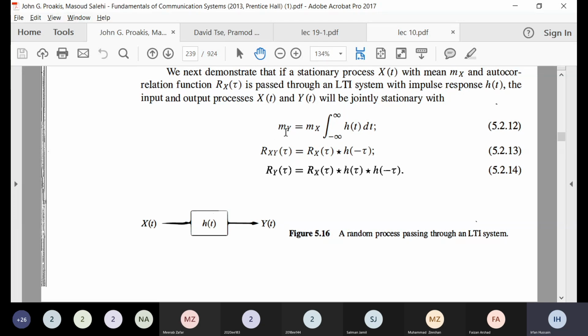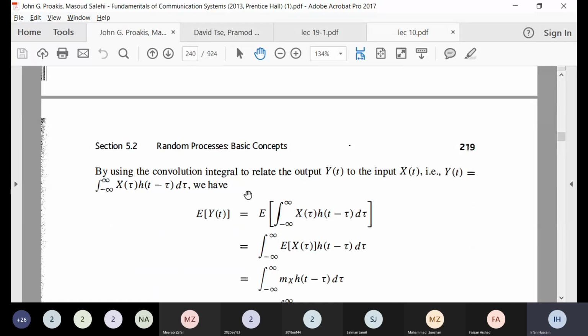The mean of the output will be E of y of t. What is y of t? We know y of t is actually the convolution of the random process with the impulse response, x of tau h of t minus tau d tau, right?